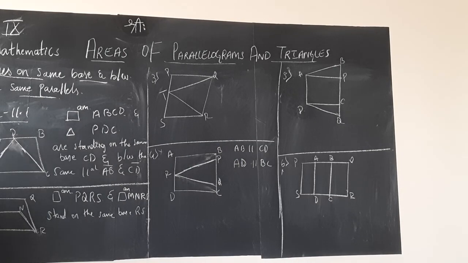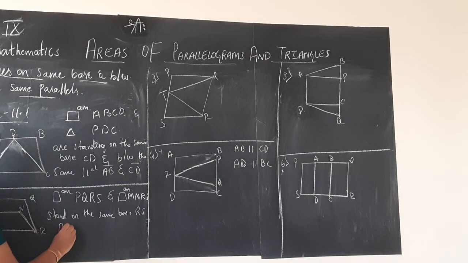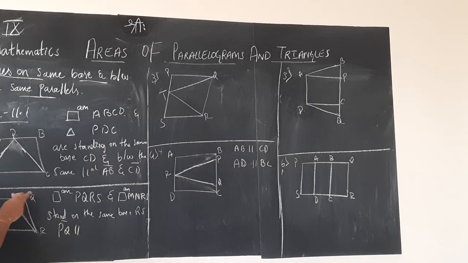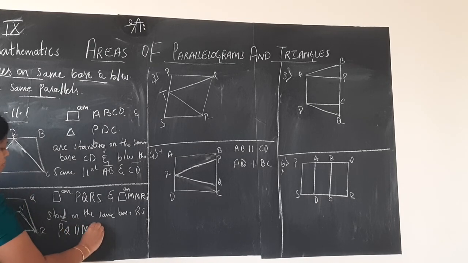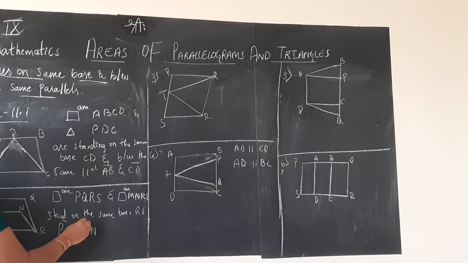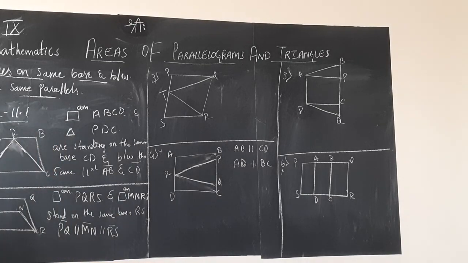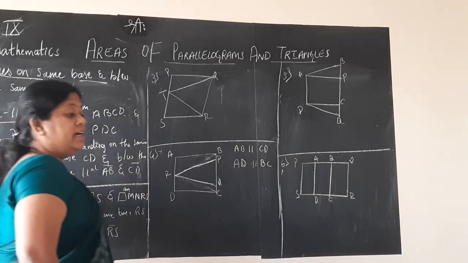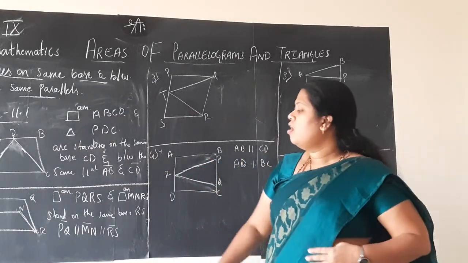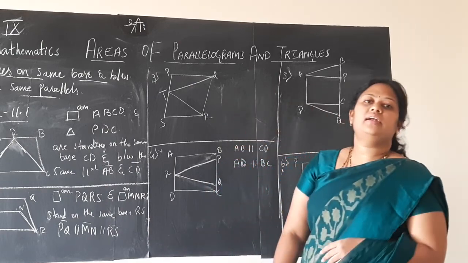The answer is no. They are standing on the same base RS, but they are not lying between the same two parallels. Here, the line PQ is parallel to MN, which is again parallel to the base RS or SR.